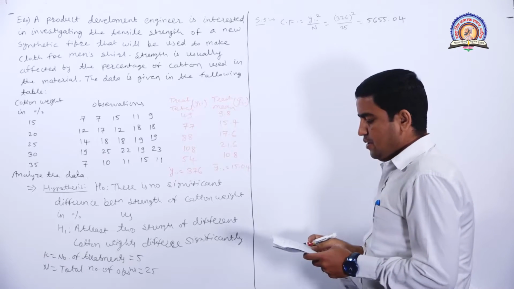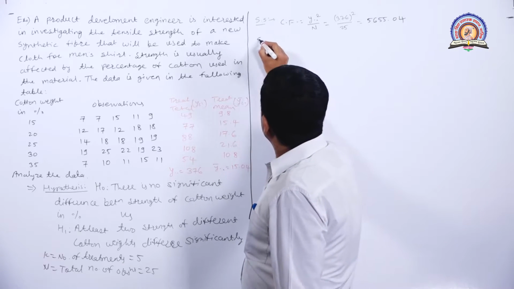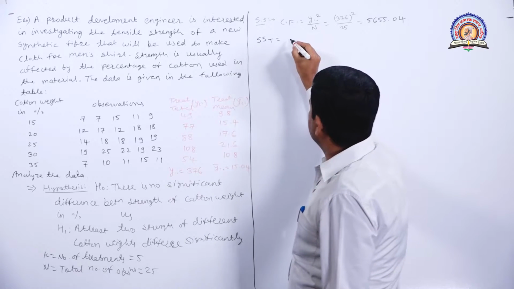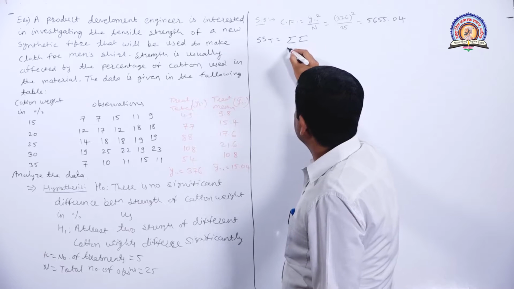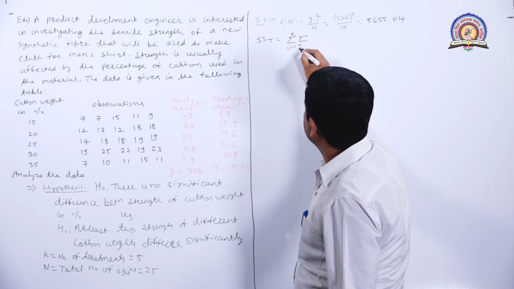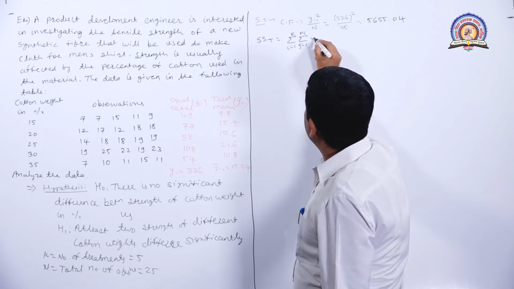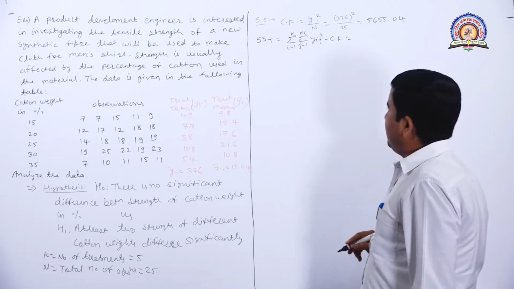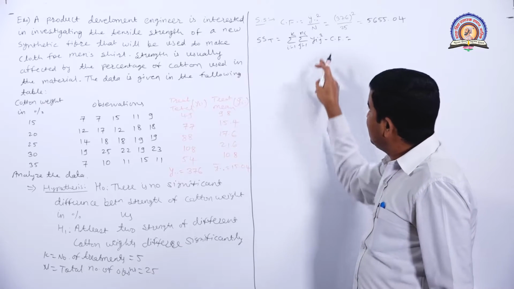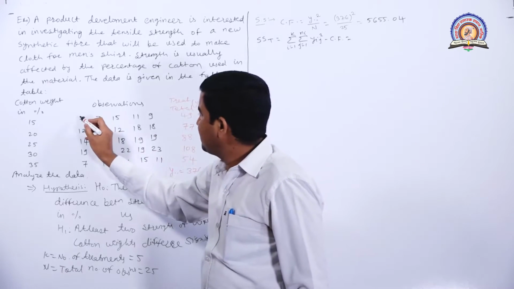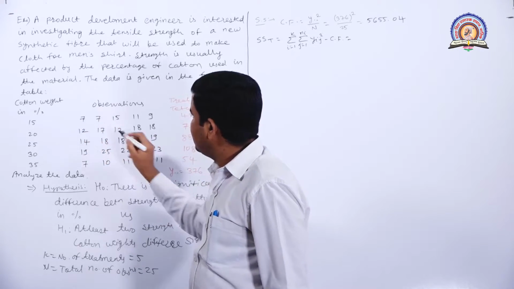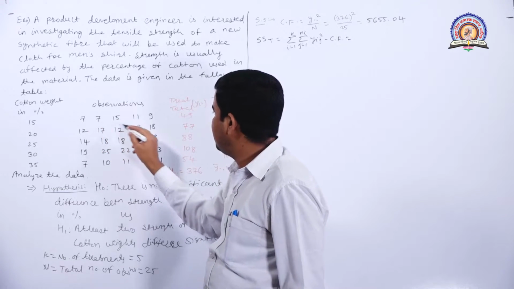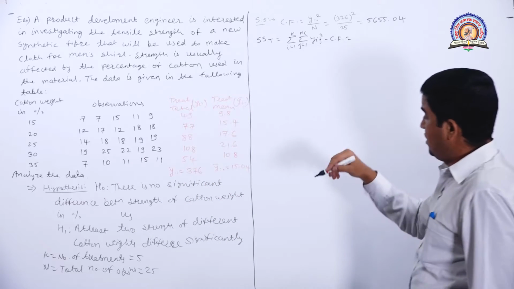Right? Now, to find SST, the total sum of squares. Total sum of squares is obtained by using this formula: double summation, i running from 1 to k, j running from 1 to ni, yij square minus correction factor. Here double summation yij square means you have to square and add all these observations. So this means 7 square plus 7 square plus 15 square up to 11 square.